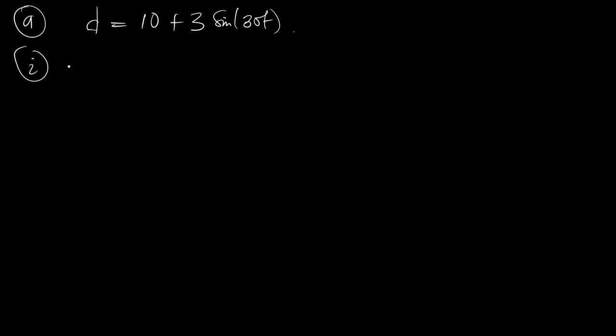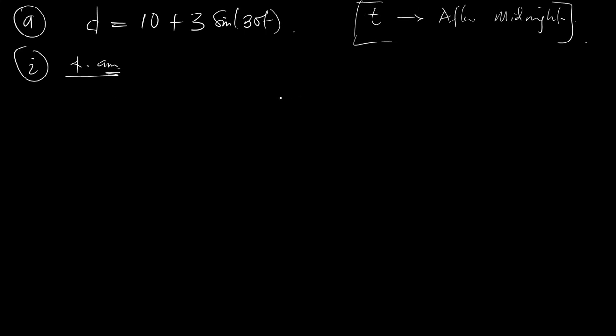Now the I part of the question, they said at 4 a.m. And you know this time is counting after midnight, because after midnight the time starts counting. So that means 4 a.m. implies that T is equal to 4 hours.